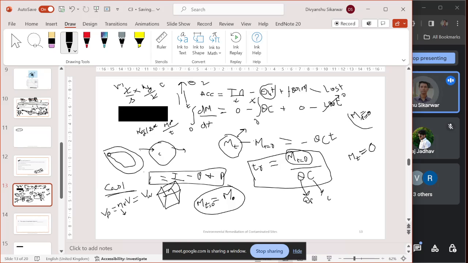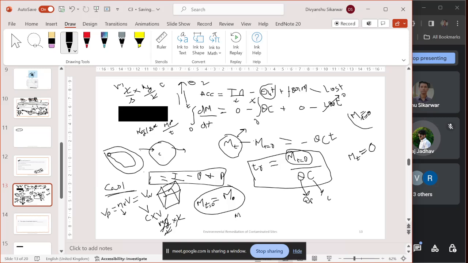So if we know the volume of water, and we know the concentration of contaminant in water, and we multiply it with volume, because concentration will be in milligrams per liter and volume will be in liters, the liter will cancel out and we will get mg. We will get the mass of contaminant which is present, right?